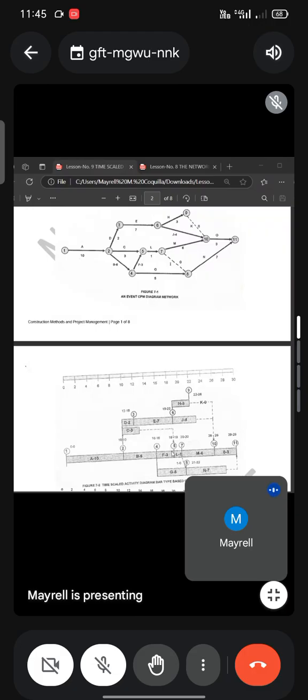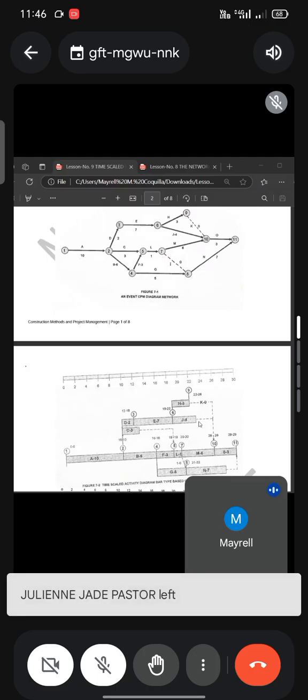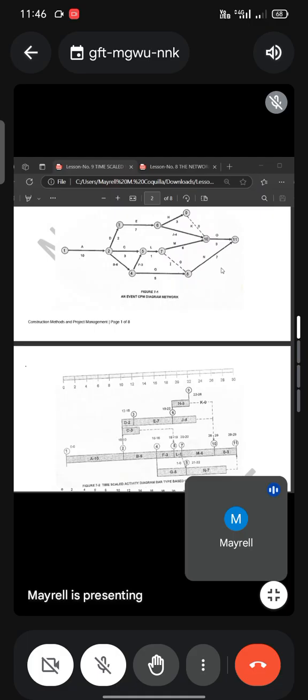Okay, it ends at node 5, right? Same with J, you have a broken line or an arrow with a broken tail. And also H, right, a dummy from node 9 to node 10. So you have node 9 to node 10, you have also a broken line indicating K as a dummy.